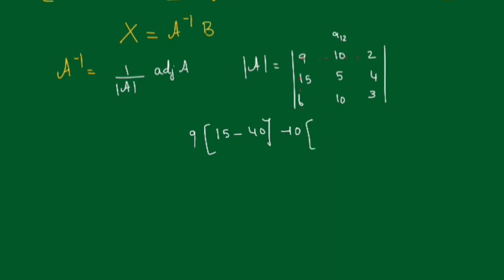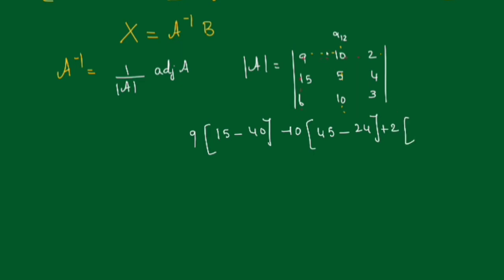Minus 10 into. Cut this row and this column. So what do you have now? 15, 4, 6, 3. So 15 into 3, 45, minus 6 into 4, 24. Plus 2.